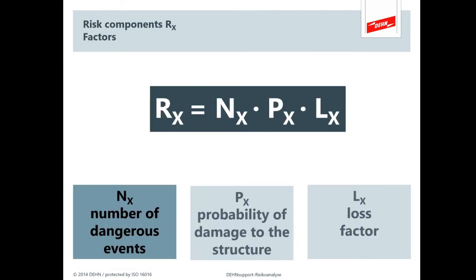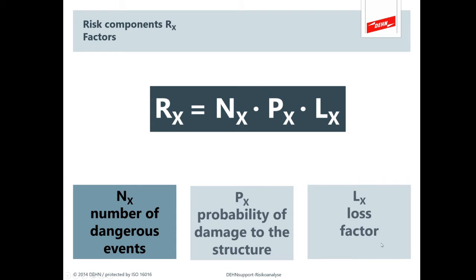And how can we calculate these risk components? We have a very simple formula. We have to define 3 factors. One factor is the number of dangerous events, NX. Then we have to define the probability of damage to the structure, PX.